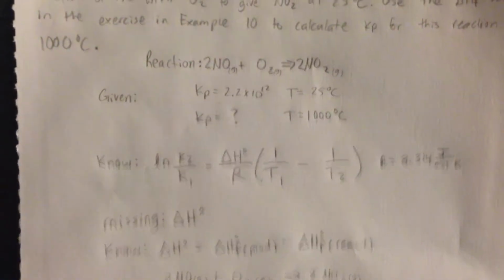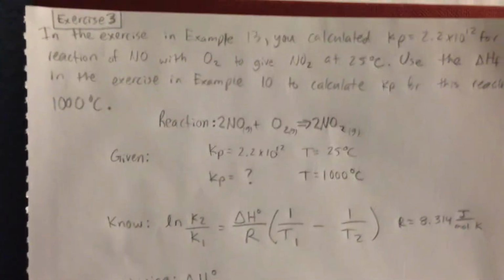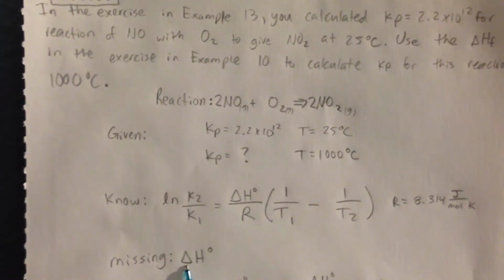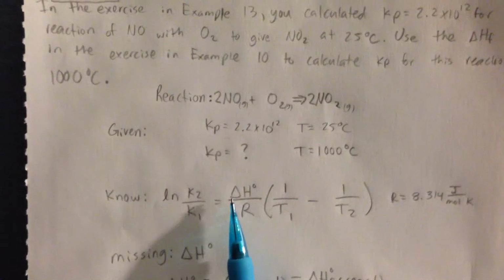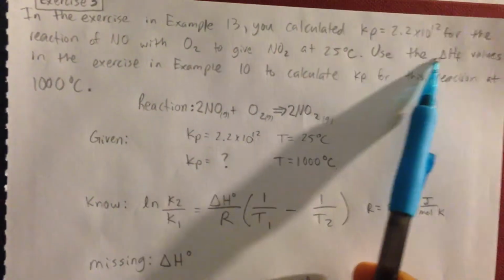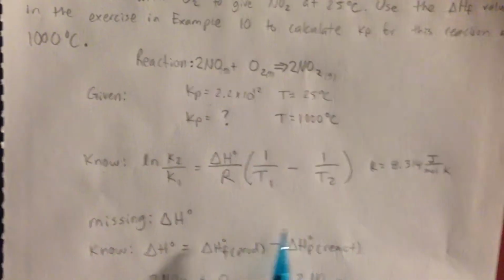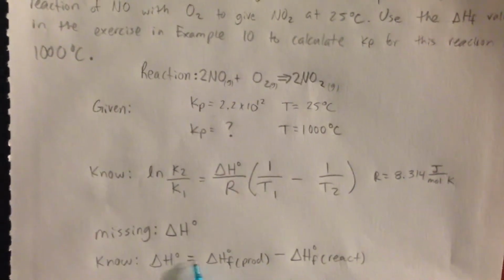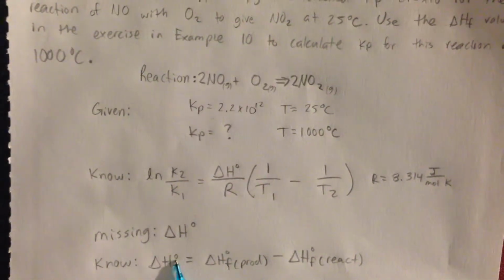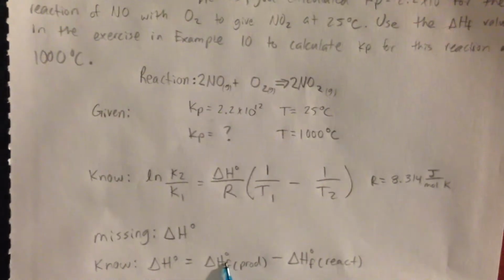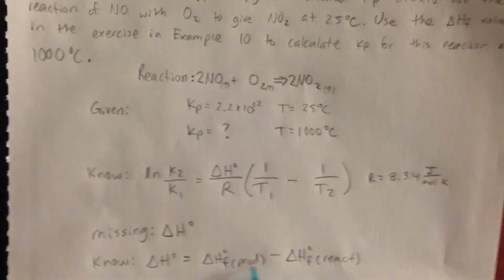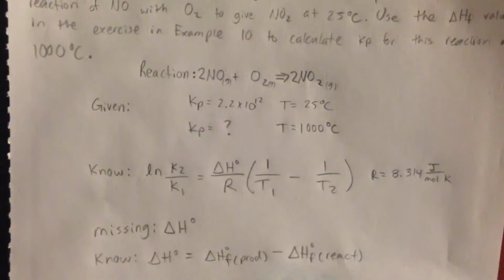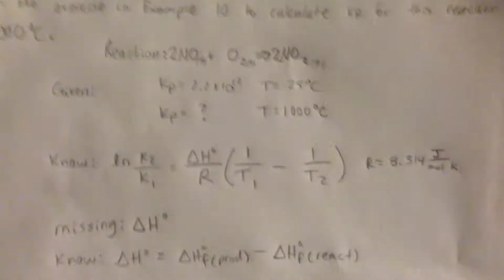If you go down here, we're missing this value, and this is how they asked us to use the heat of formation. We know that delta H at standard conditions, this symbol meaning standard conditions, equals the products minus the reactants, the enthalpies of formation.